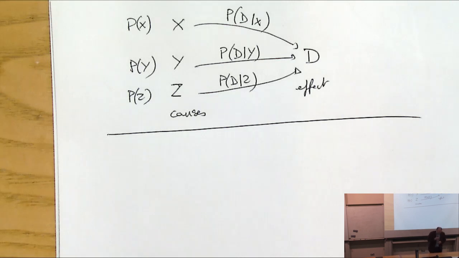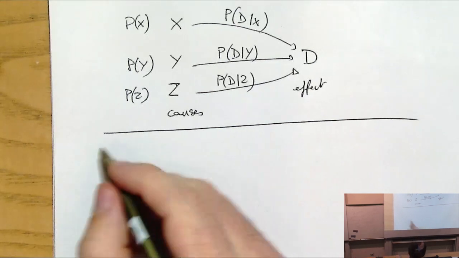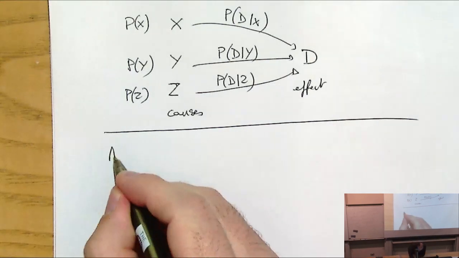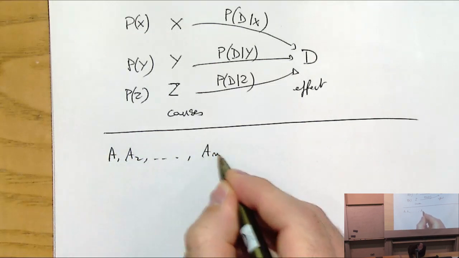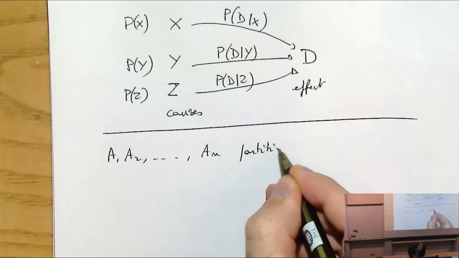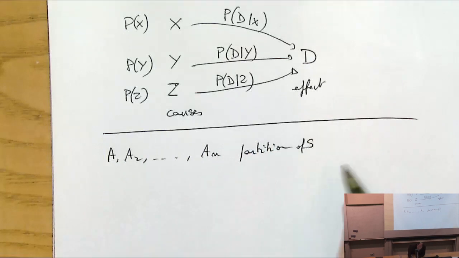Okay, let's resume. So let's assume again that I have a partition of S, of my sample space.